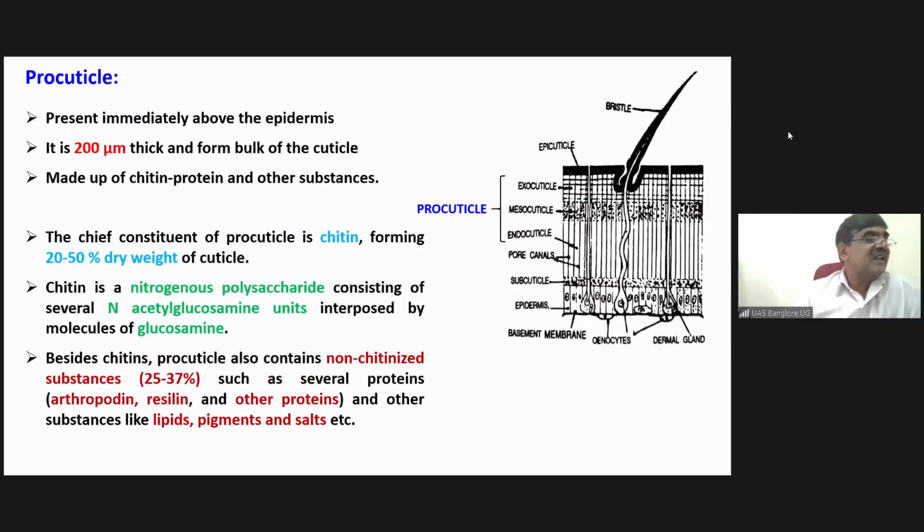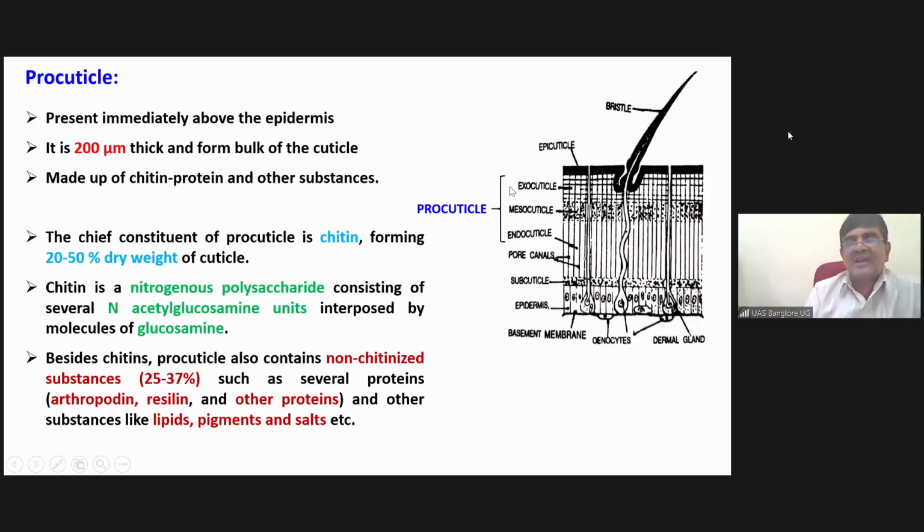The next layer is procuticle. As you see in the diagram, now we have finished the epicuticle, this black layer, which is made up of outer epicuticle, inner epicuticle, wax layer and cement layer. Below this lies the procuticle.